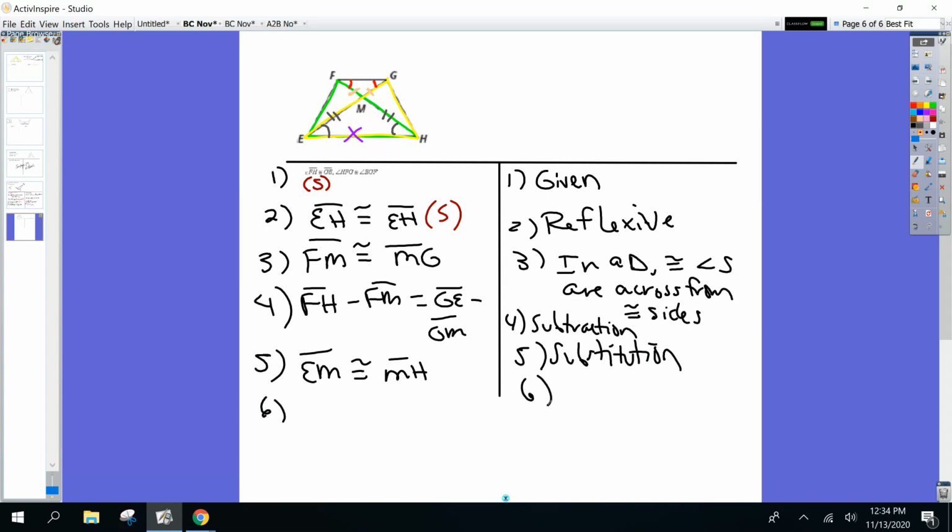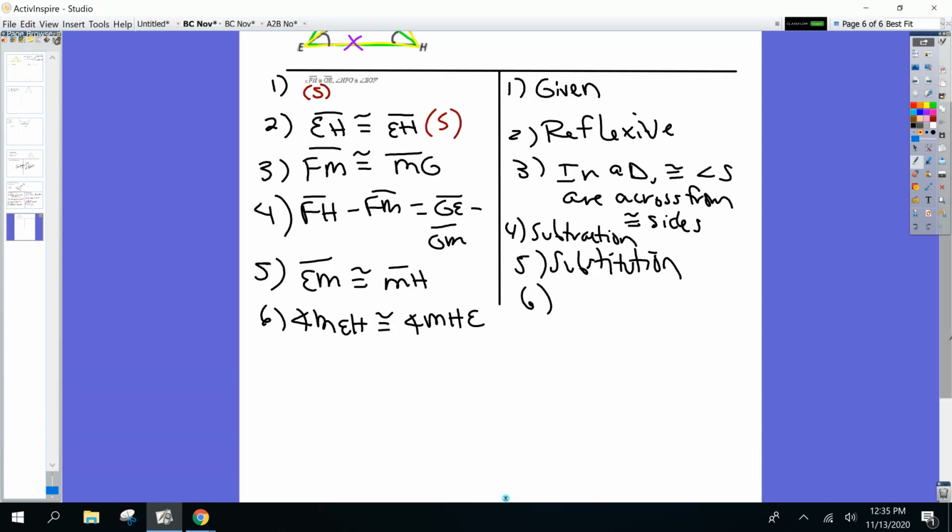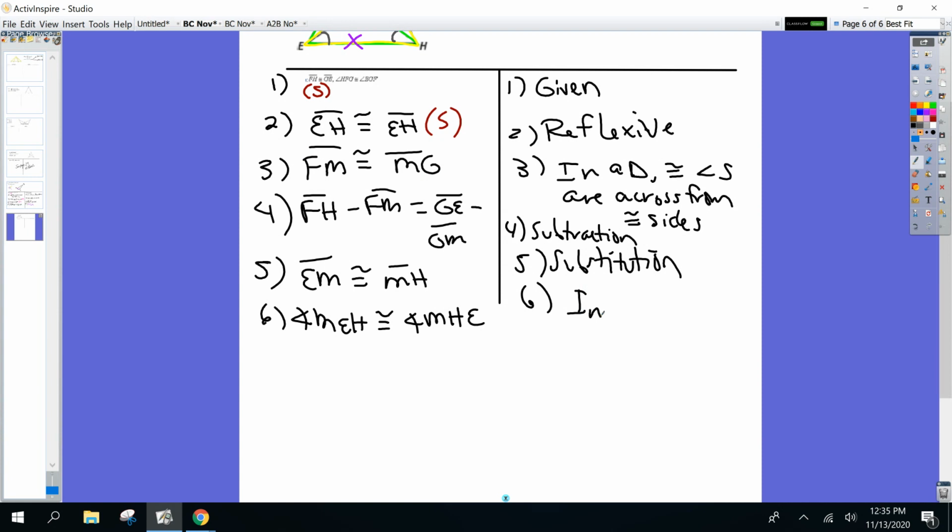And now I have an isosceles triangle at the bottom of my diagram. And what's across from those sides? Angle MEH and angle MHE. The theorem once again in a triangle, congruent, in this case sides, are across from congruent angles.